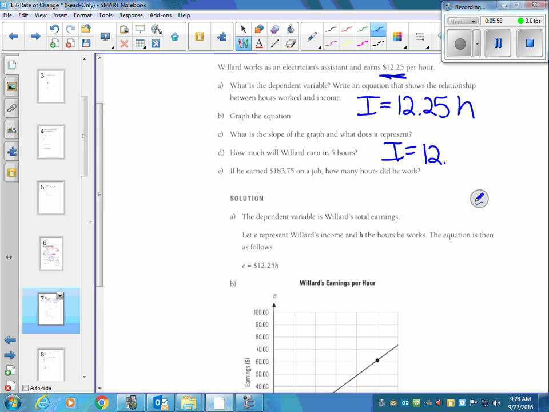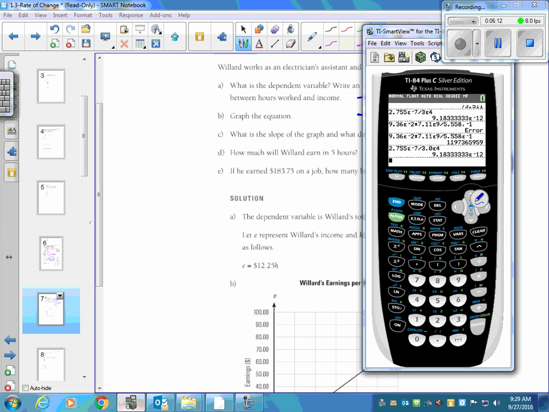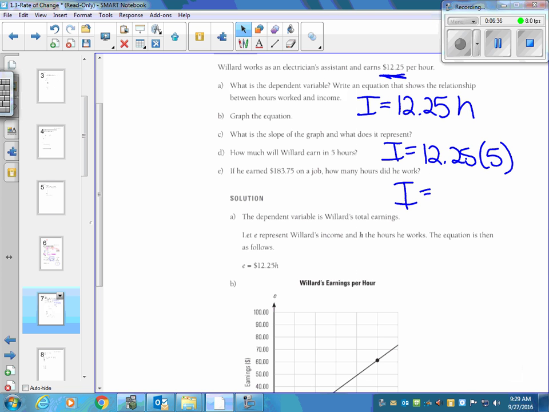I is equal to 12.25 times 5, and if we punch that into our calculator, 12.25 times 5, we get $61.25.